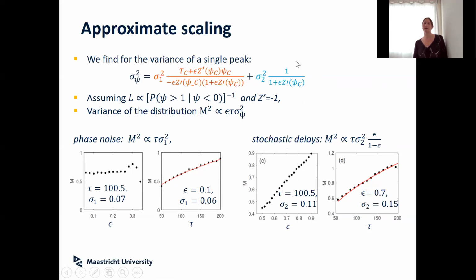Then for stochastic delays, we have again a quadratic scaling with the delay, and a variance that increases with epsilon.